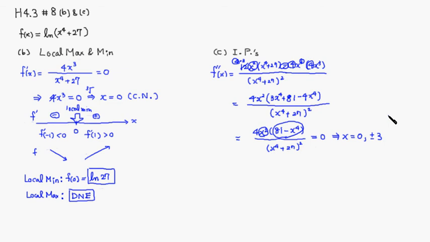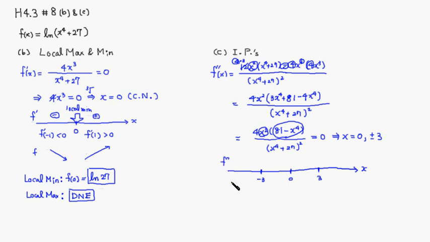So we have to do a number line just to make sure that there's a concavity change, so that we know that we have inflection points. All right, so possible locations are 0, also -3 and positive 3.